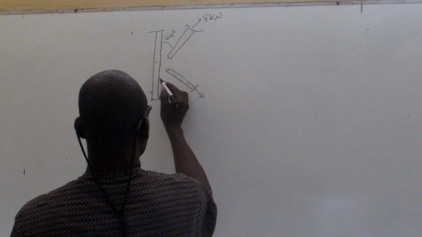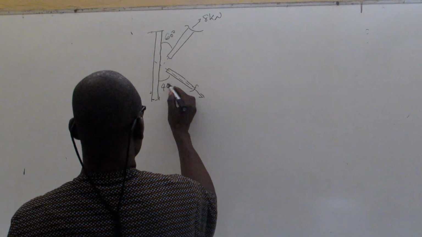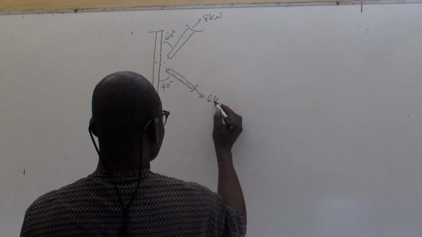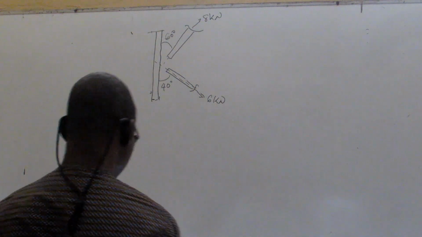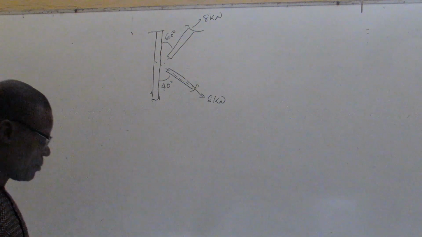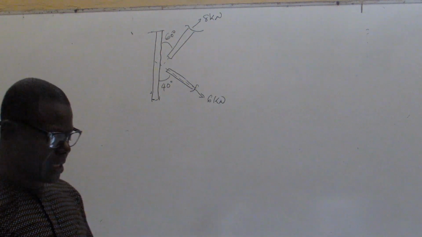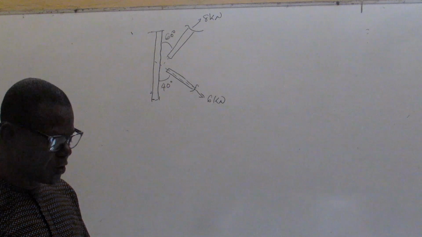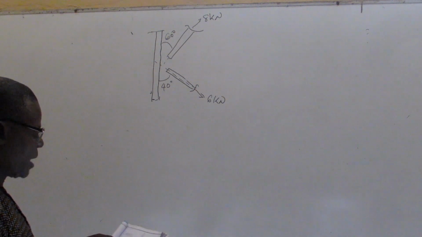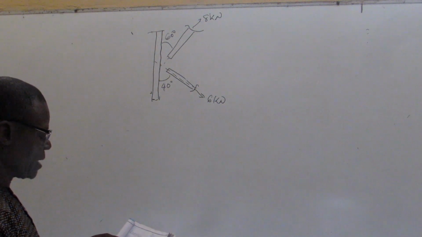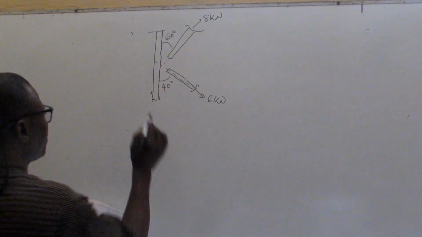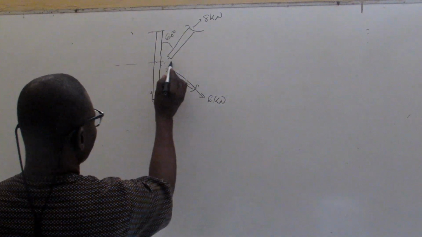And in this case, we have the angle here 40 degrees and 6 kilonewton as the magnitude. The question says, determine the magnitude of the resultant and the direction measured from the horizontal line. So this is the horizontal line.